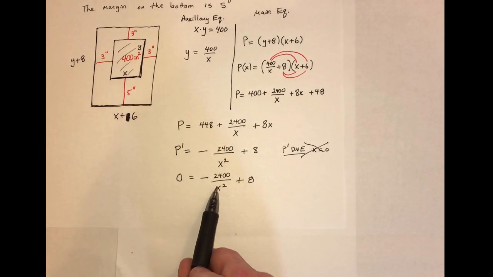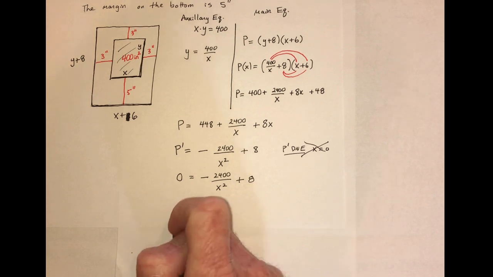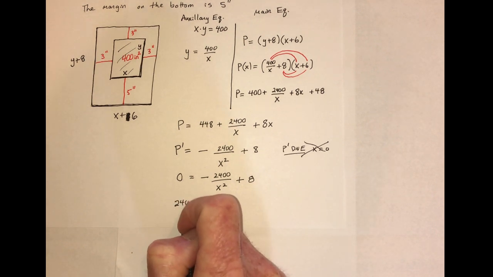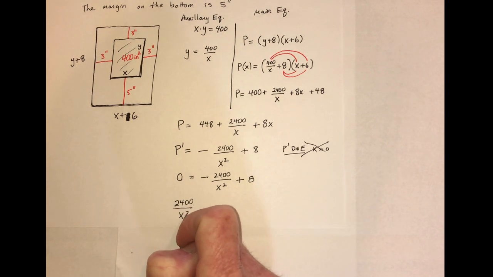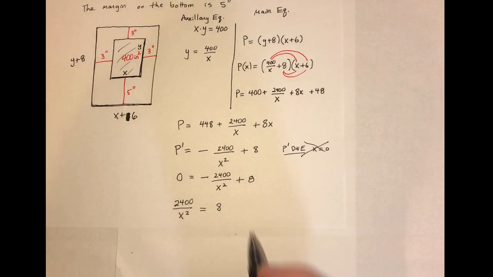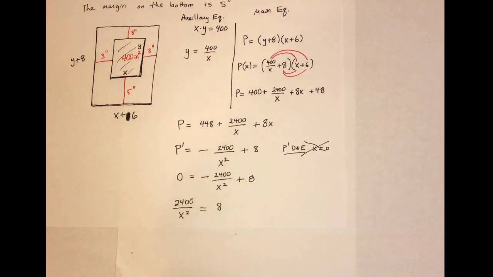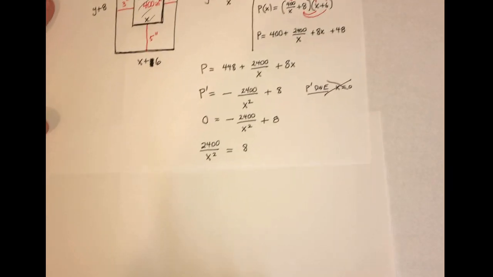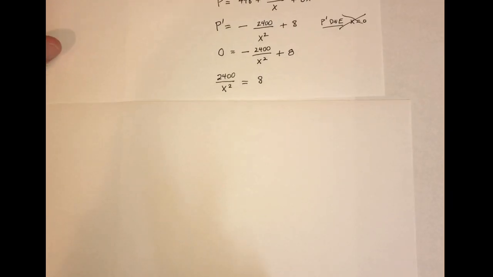Then continue over here. I'm going to take this negative term and move it to the left side, so it becomes positive 2400 over x squared equals 8. And this problem is so fun, I even need another piece of paper to continue.